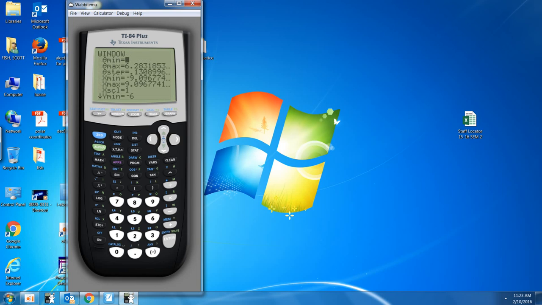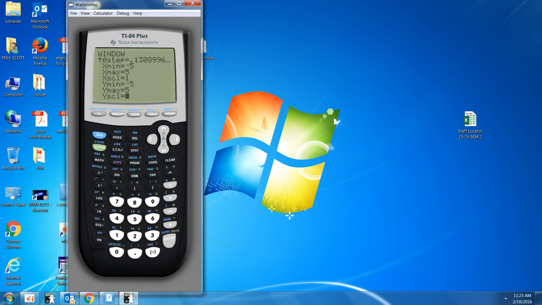So when I go back to the window, I know that the minimum is going to be, let's say, negative 5, and the maximum is going to be 5, and the same thing for the y's, negative 5 and positive 5, and your scale is going to go in between. So you know that the window screen is going to fit all of those points with that distance.